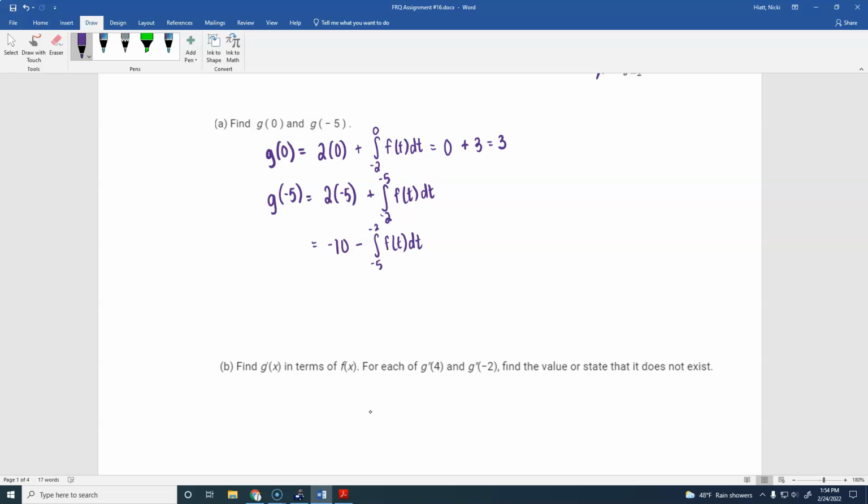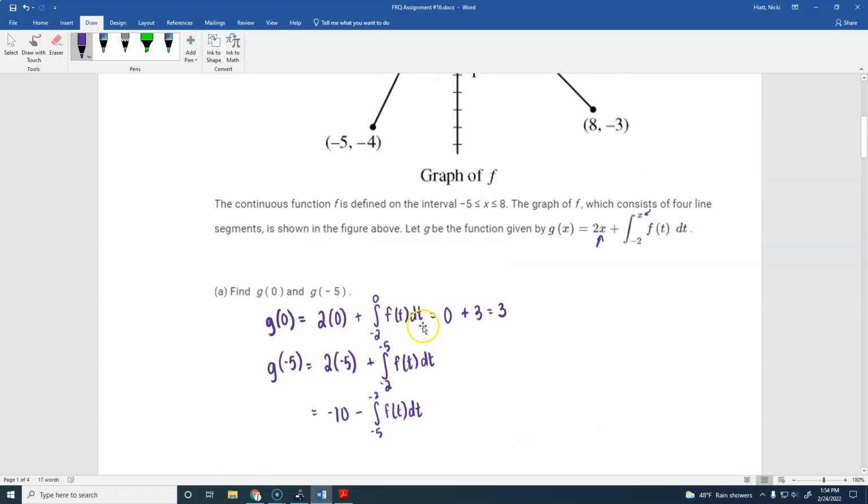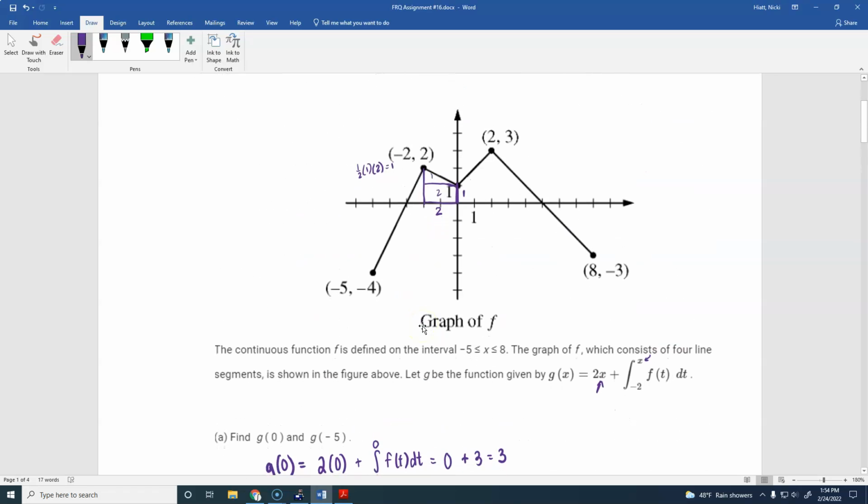And so this is just the area under the curve from -5 to -2. From -5 up to -2, we've got this area here, which is below the x-axis. It would be 1/2 times 2 times 4, which is just going to give us 4. So this piece right here is -4.